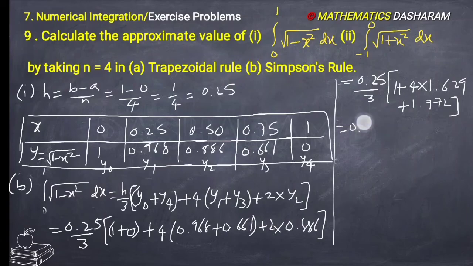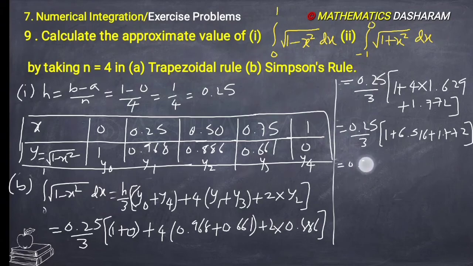So it is equals to 0.25 divided by 3, 1 plus 4 into 1.629 equals to 6.516 plus 1.772.